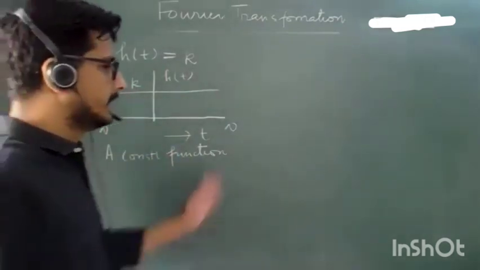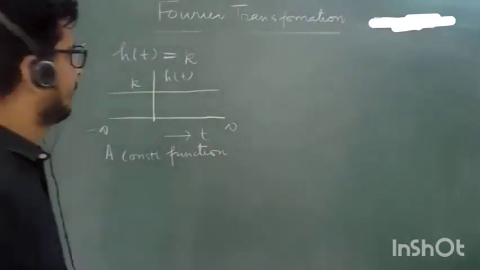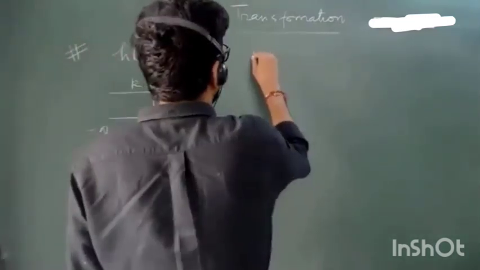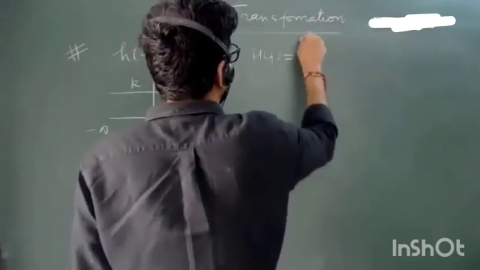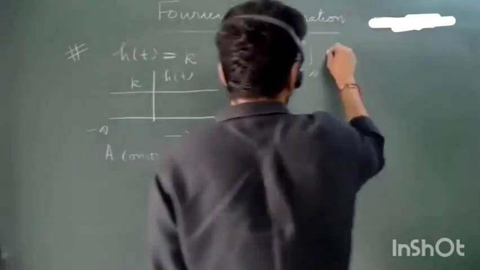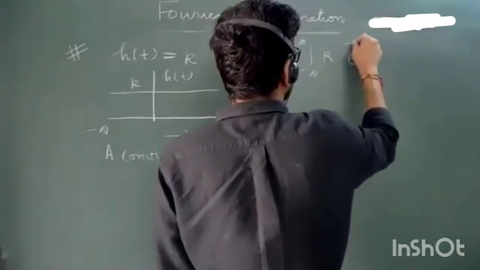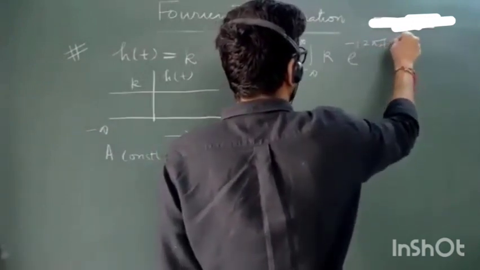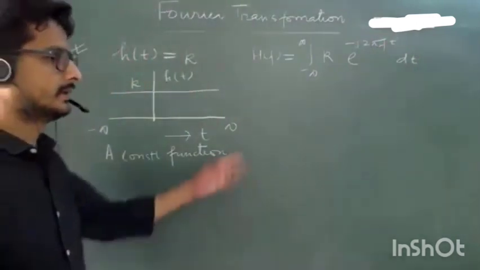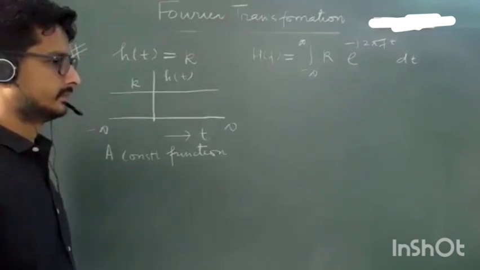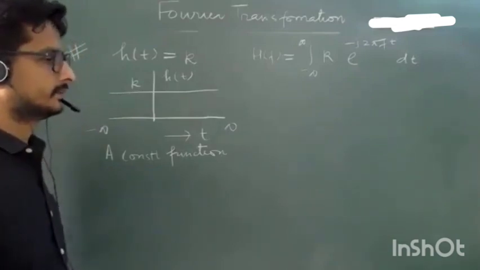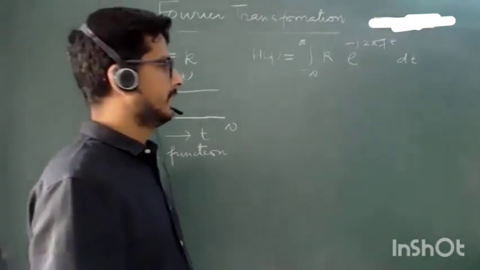Now I want to see what will happen in the Fourier domain. So h of f is equal to the integral from minus infinity to plus infinity of k e to the power minus j 2 pi f t dt. Is this written correctly? Is this the definition I have applied?